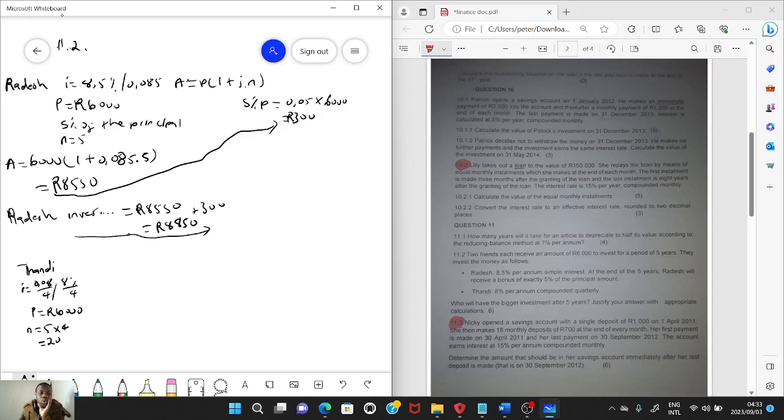And then we have our N. Our N is 20 in this case. Now let's check. We have 6,000 into 1 plus 0.08 divided by 4, to the power 20.